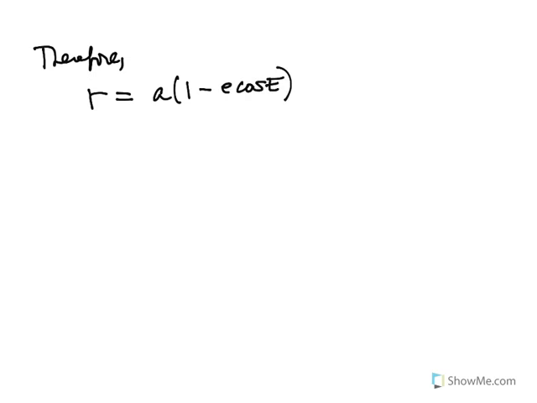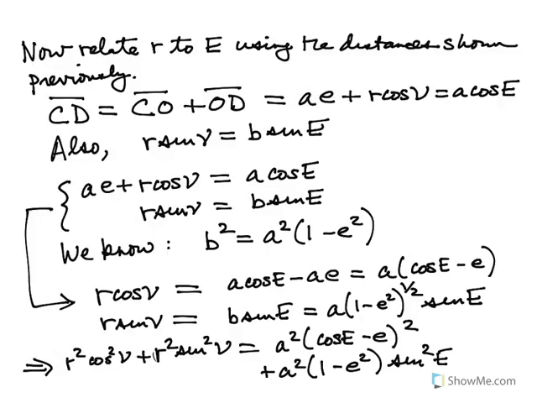So that's the first result. We now have the radius in terms of the eccentric anomaly. So notice that we've eliminated the true anomaly from this expression, and we just have it in terms of the eccentric anomaly. So the next thing to do is we're going to use this result together with the previous equations that we developed. Notice that the two previous equations were the ones that were outlined here.